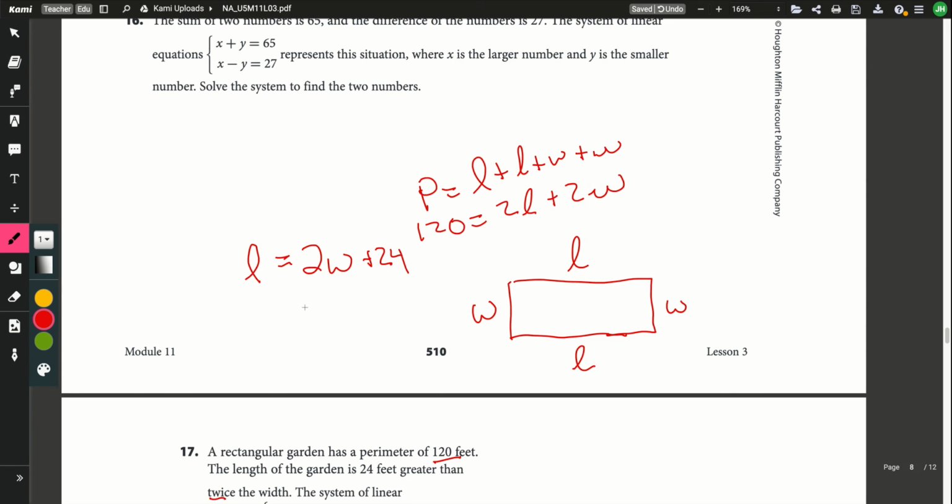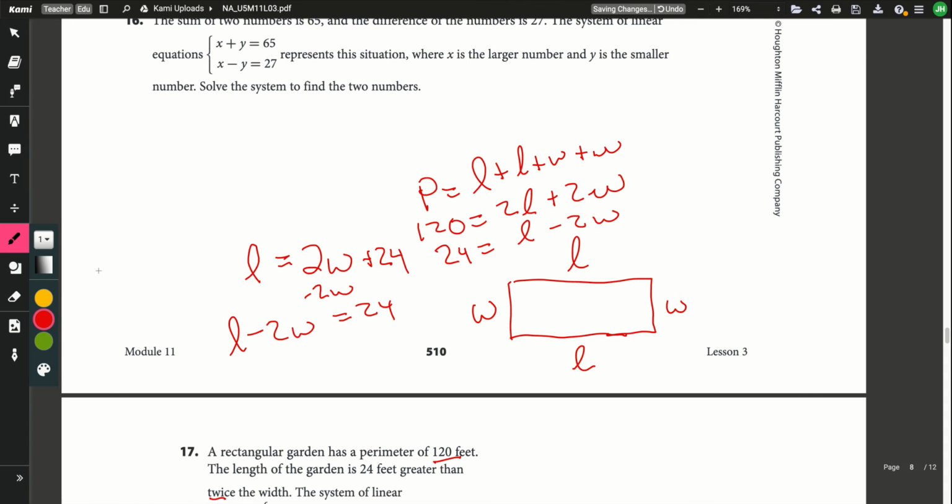So let's rearrange this so that we can get the lengths and the widths on the same side. So we're going to subtract 2W. L minus 2W equals 24. Let's flip it around. 24 equals L minus 2W.